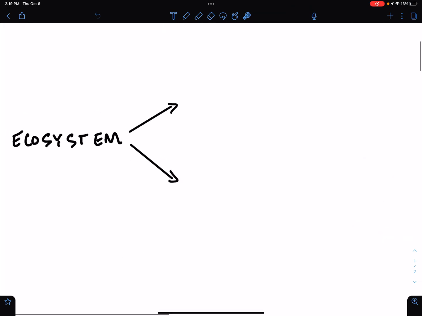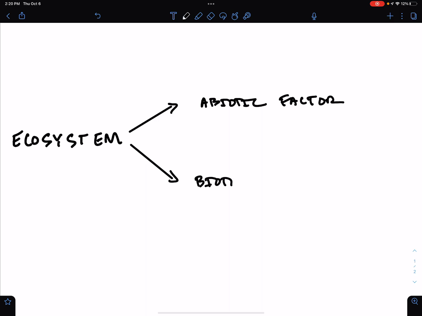An ecosystem, as you all know, is a combination of abiotic, non-living factors and biotic factors. Abiotic factors that contribute to the ecosystem are nutrient availability.